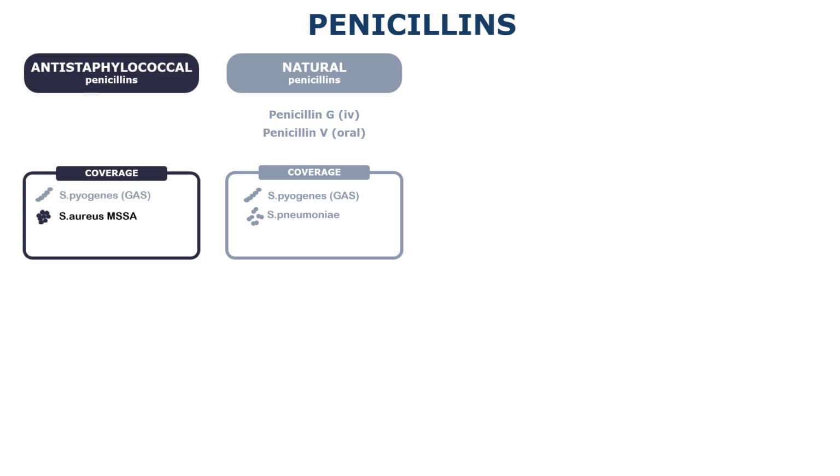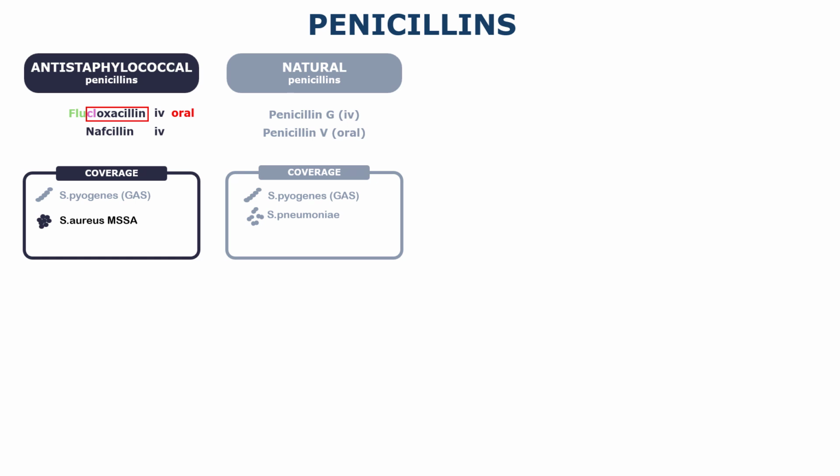Now technically, there are many drugs within this group, but in the real world, there is usually one or maybe two available on the market in your area. So usually it's oxacillin, cloxacillin, flucloxacillin, nafcillin. All of these antistaphylococcal penicillins come in IV formulations, but cloxacillin, flucloxacillin, and dicloxacillin, so the versions that contain the word cloxacillin, are also oral.